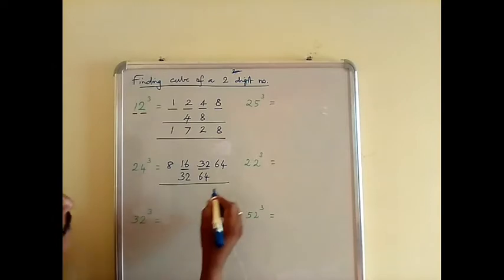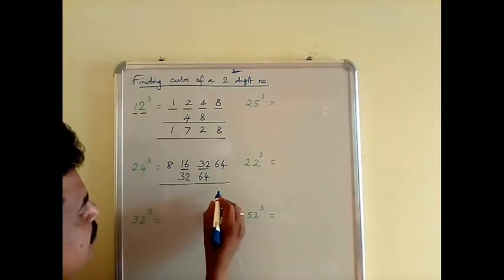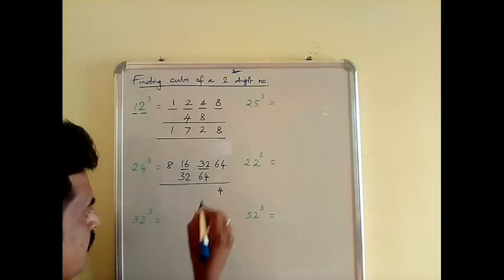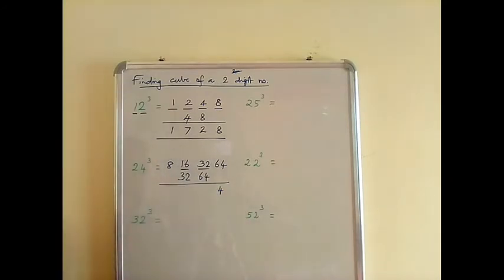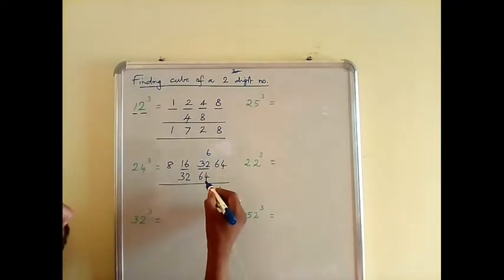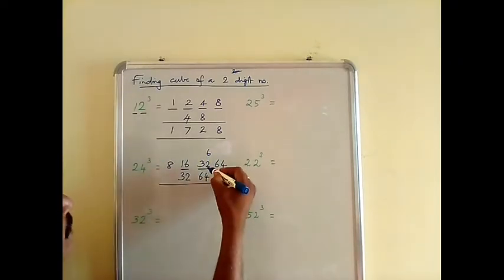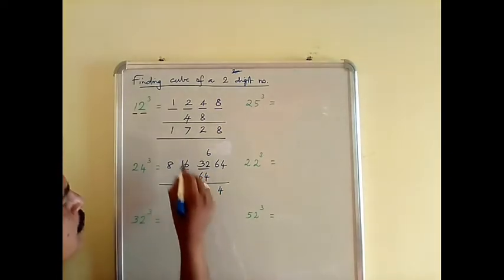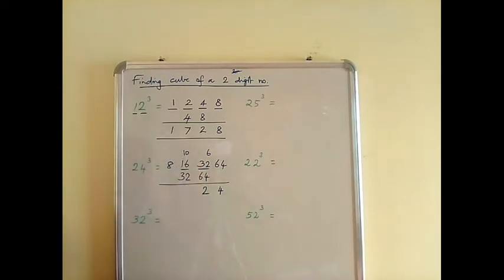Now add. Now this is 64, we have only one digit here. The 6 is carry here. Now add this. So adding this, you will get 102. So 2, 10 is carry.